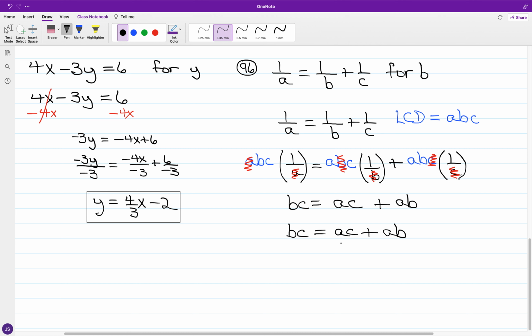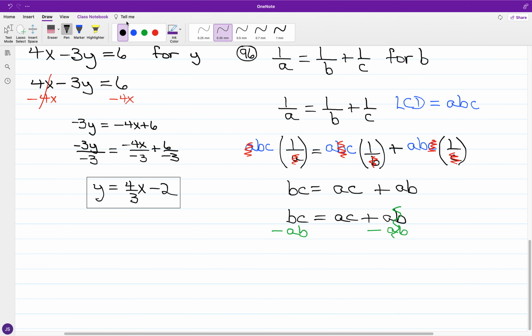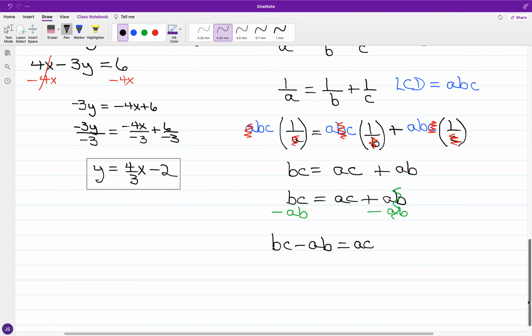And now for BC is equal to AC plus AB, I can join together the terms in B. So I have BC by itself, and I can move AB upon subtracting. So I have BC minus AB is equal to AC.